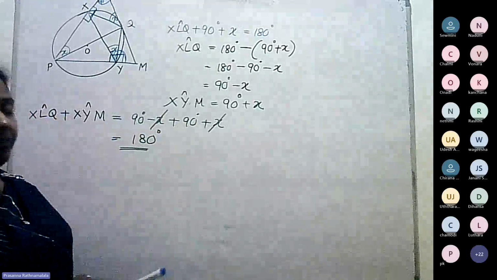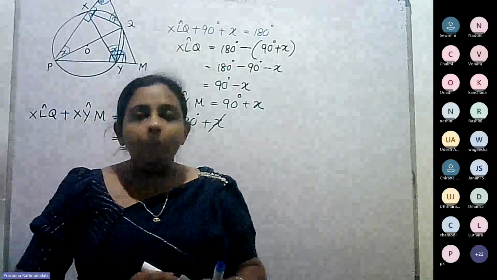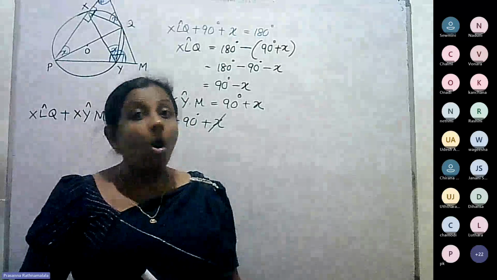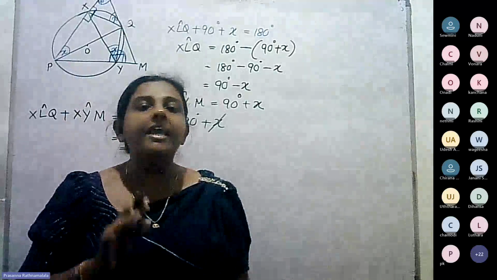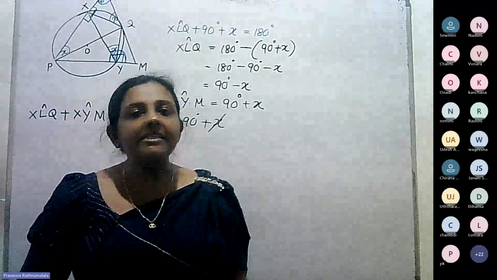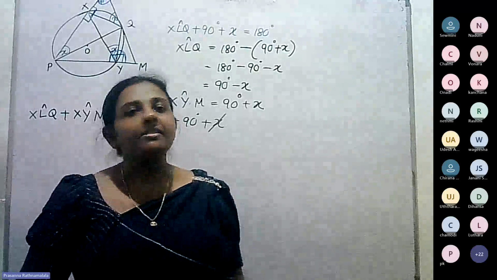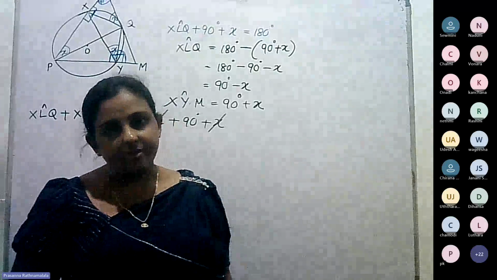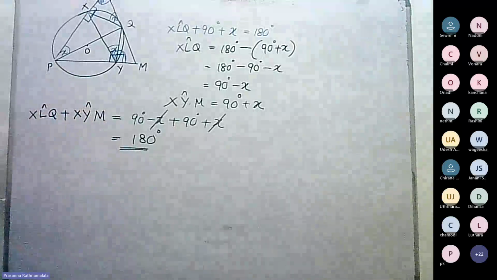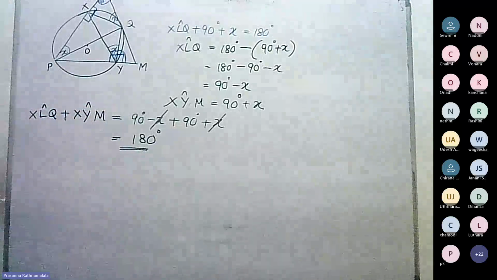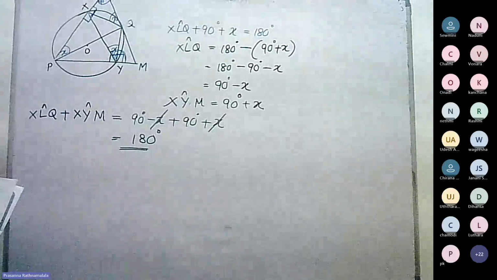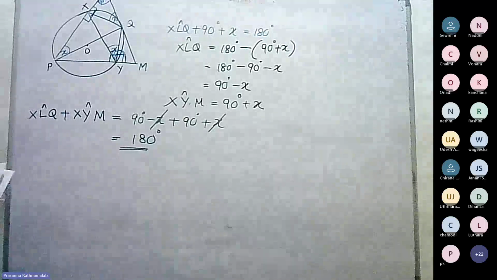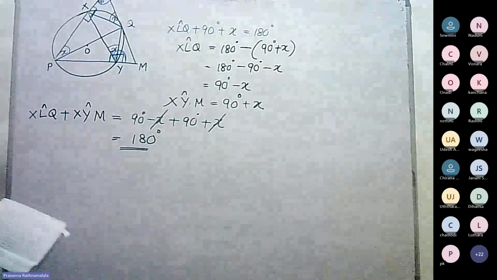Now the sum of the opposite angles of this quadrilateral is 180, so we can consider this quadrilateral as a cyclic quadrilateral. You can prove that LXYM is a cyclic quadrilateral.